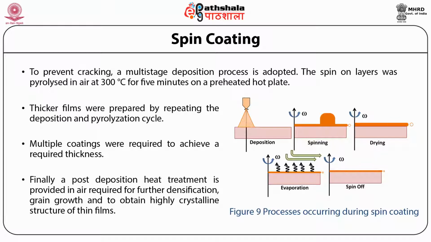First is the deposition, then the spinning, then after getting the film on the substrate, we dry that film. After that, the solvent gets evaporated and we get the desired crystalline film after giving the required heat treatment.